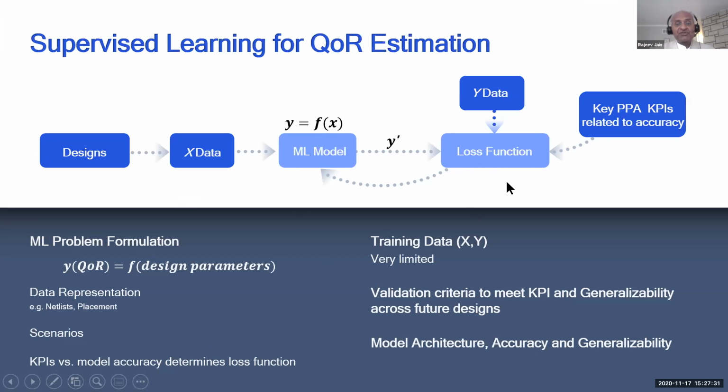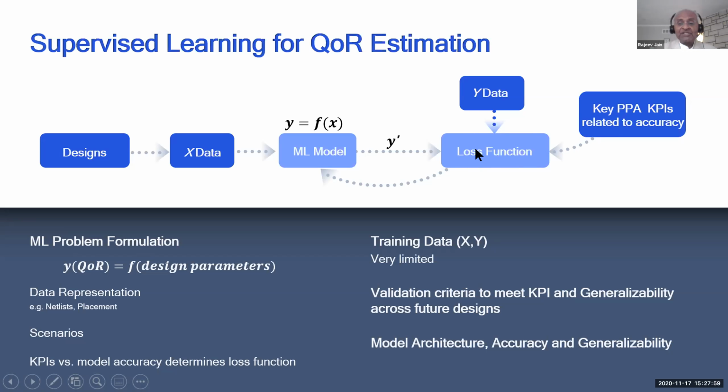And so based on this training, we can get that, but how accurate the model is depends on how we design this so-called loss function. And how we design the loss function, which determines the accuracy, has to be closely coupled to the impact of the inaccuracies in the model to the final impact in PPA. So for example, suppose this model is being trained to predict the timing, which is the performance in PPA.